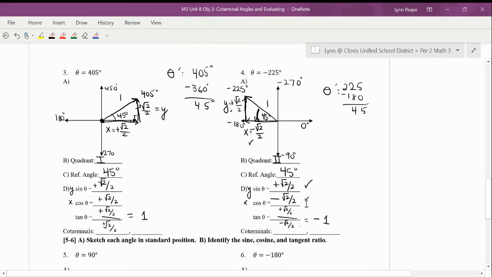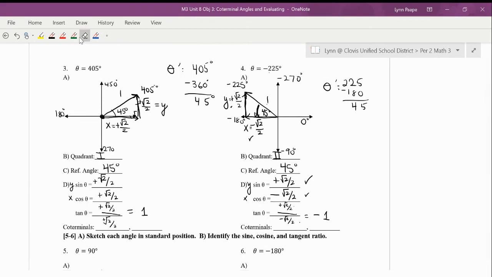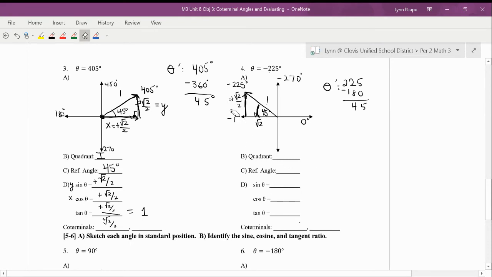So we'll take a look at number 4, doing coterminals again. We're either going to add or subtract 360. So I can take negative 225, and then I want to add 360.